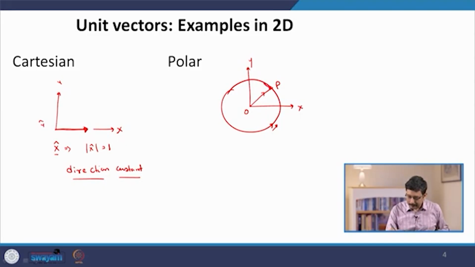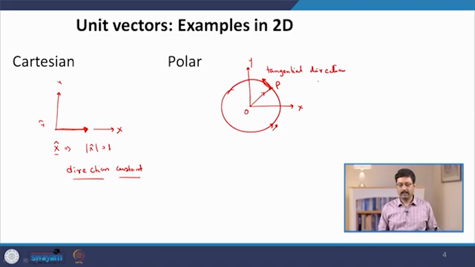Then this tangential direction is the direction along which the person is moving. It represents the direction of the velocity of the person. This tangential direction we can denote by a unit vector whose magnitude is 1 and whose direction represents the tangent direction at any point where the person is located.